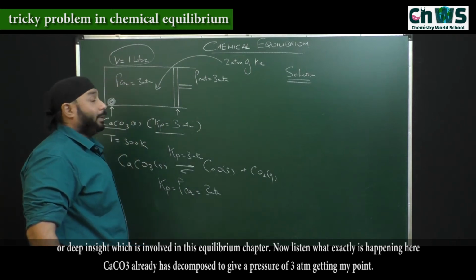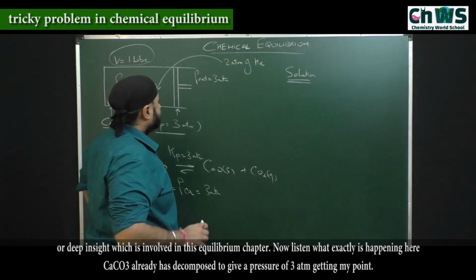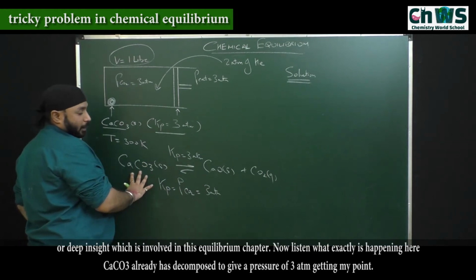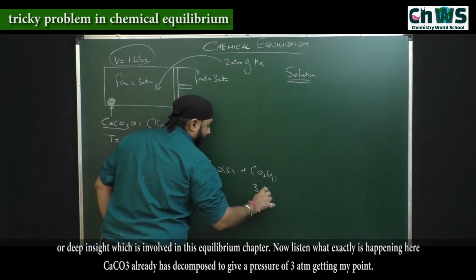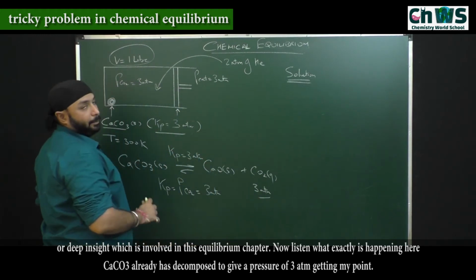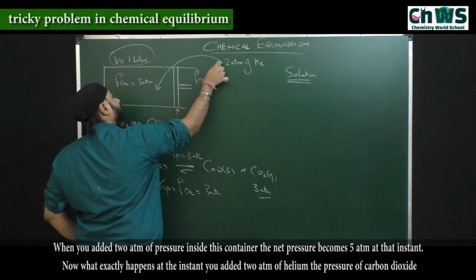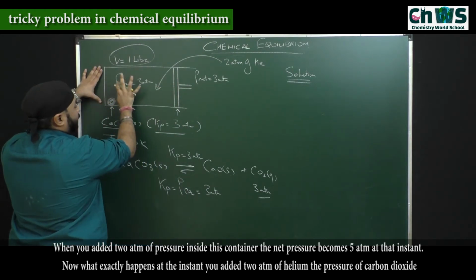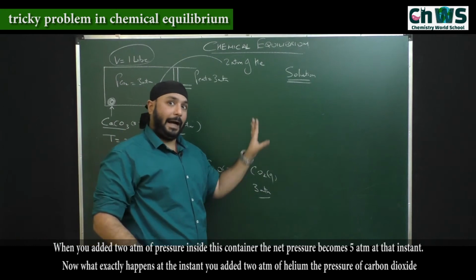Now listen to what exactly is happening here. CaCO3 had already decomposed to give a pressure of 3 atm. Getting the point? Now when you added the 2 atm of pressure, inside this container the net pressure becomes 5 atm at that instant.